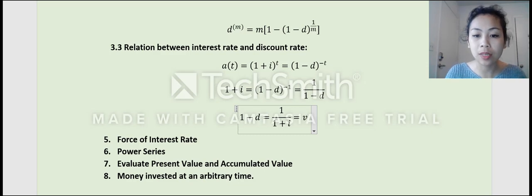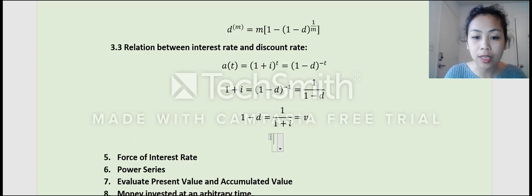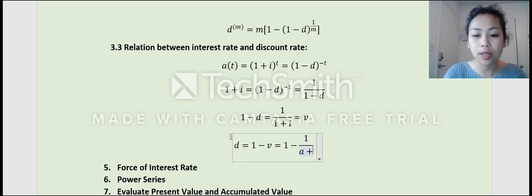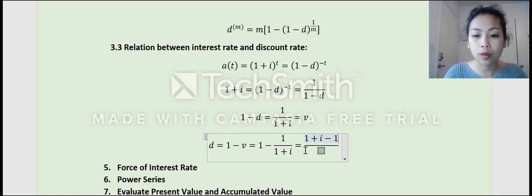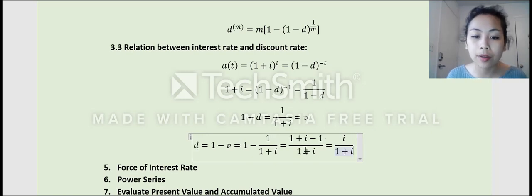So 1 minus d is equal to v, and we have d equal to 1 minus v. And 1 minus v here is 1 minus 1 over 1 plus i, which equals (1 plus i minus 1) over 1 plus i. So this is equal to i over 1 plus i. So this is how you make a connection between discount rate and effective rate.